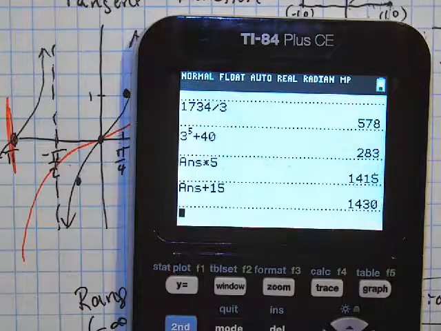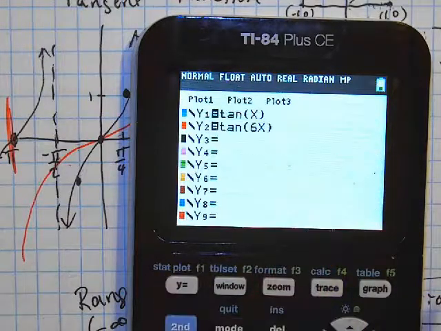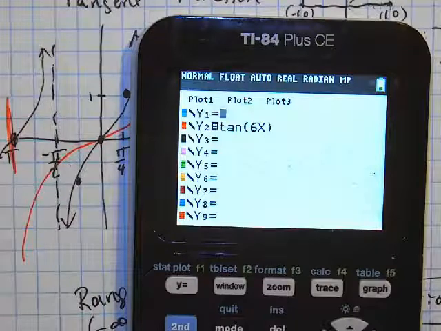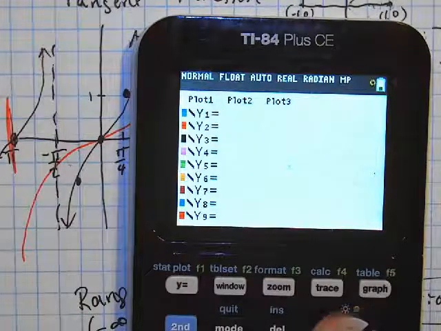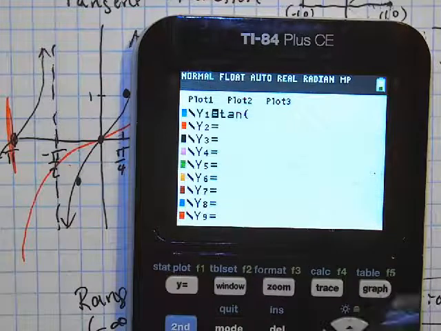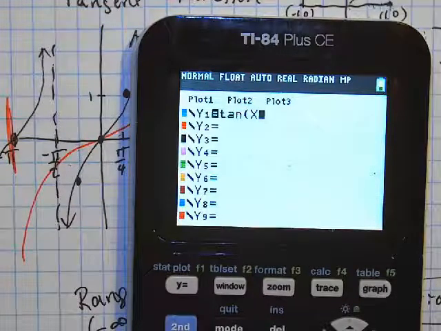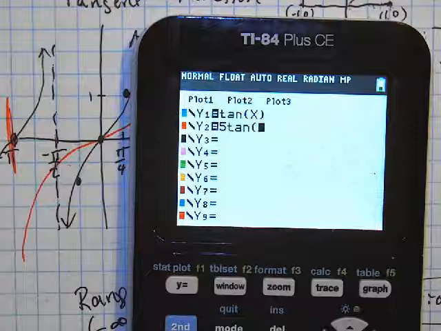Let's go back and let's clear that. And let's think about what would happen then if I changed my tangent graph. And this time, what happens if I put a 5 in front of the tangent? What should happen here?